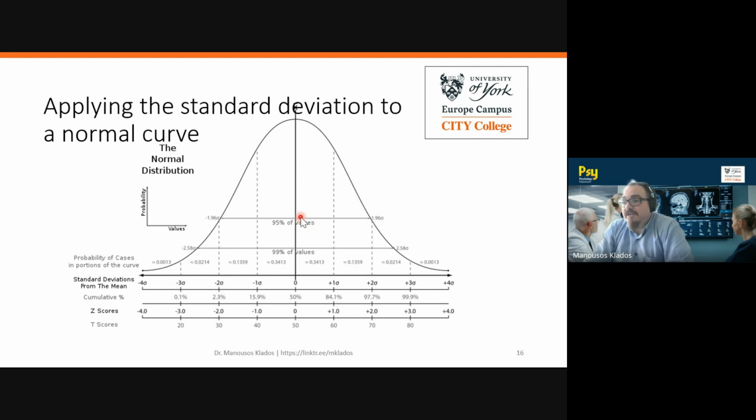In this sense, what we actually know is that in general, 68% of the observations belong to -1 to +1 standard deviation. 95% of the observations belong to -2 until +2 standard deviations. And 99.7% of the values belong to -3 until +3 standard deviations.